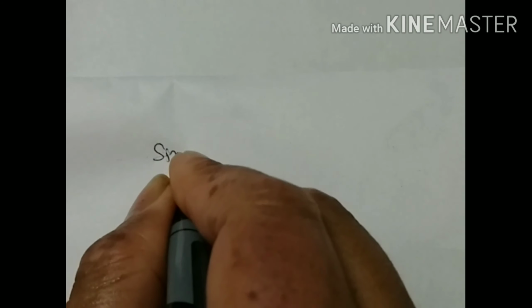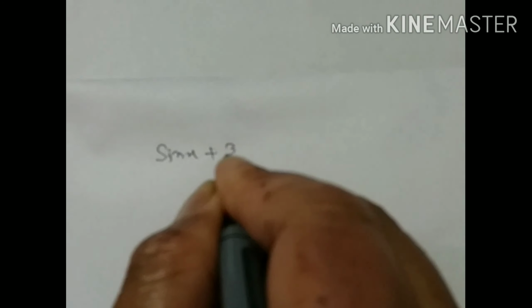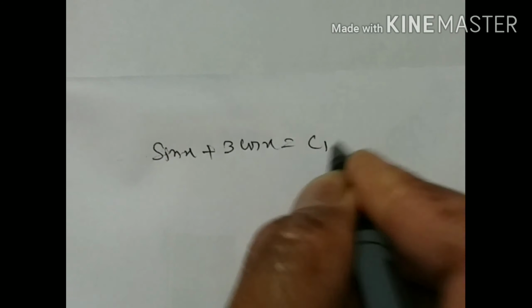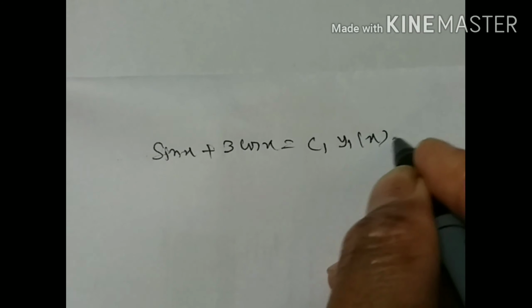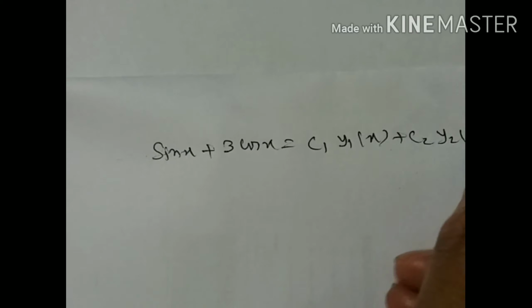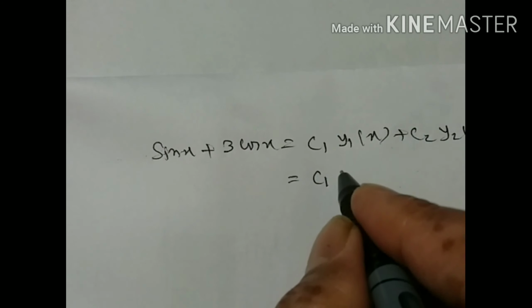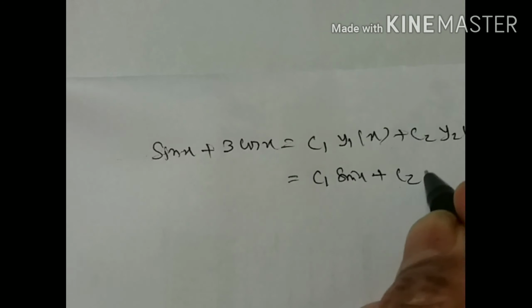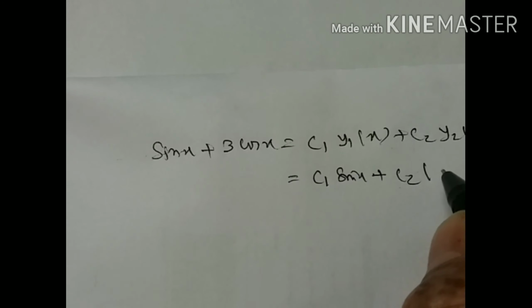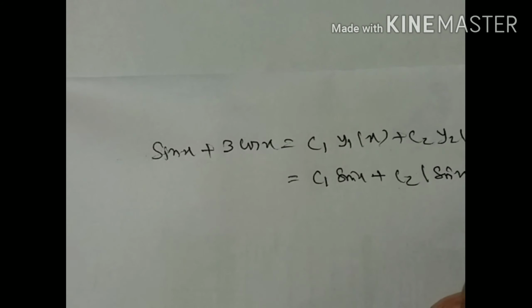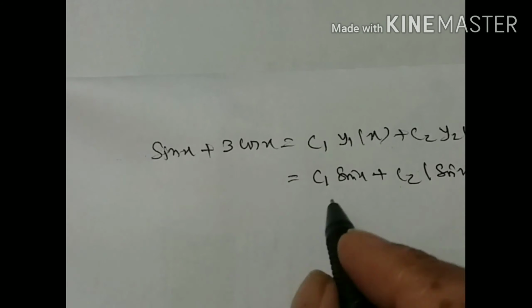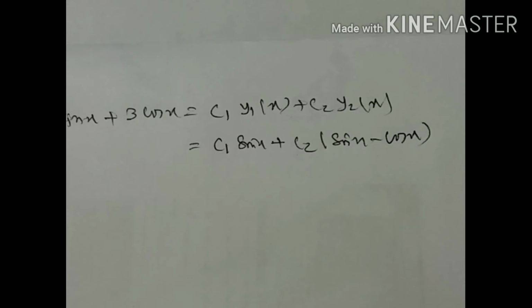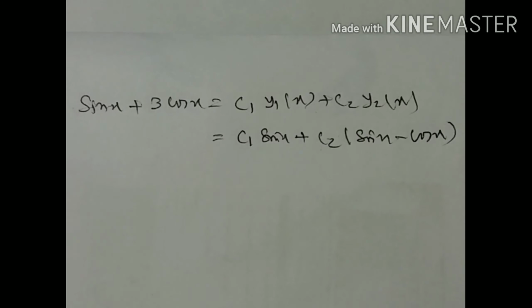Now the first part: it is given that sin x plus 3 cos x equals c1 y1(x) plus c2 y2(x). Here y1(x) equal to sin x, and y2(x) is already given, equal to sin x minus cos x. Now we are comparing the coefficients of sin x and cos x from both sides.